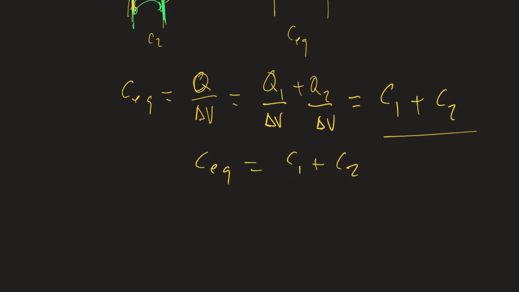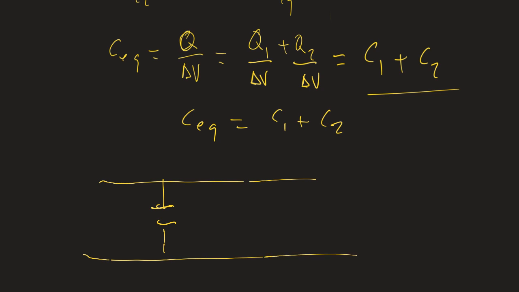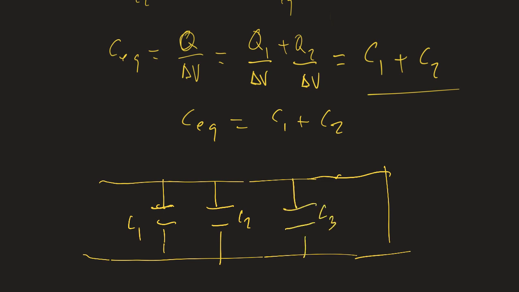As an example, an easy example, imagine that you install capacitors in parallel. Let's say like this, maybe like this. Yeah, why not? Like this. C1, C2, C3, C4.